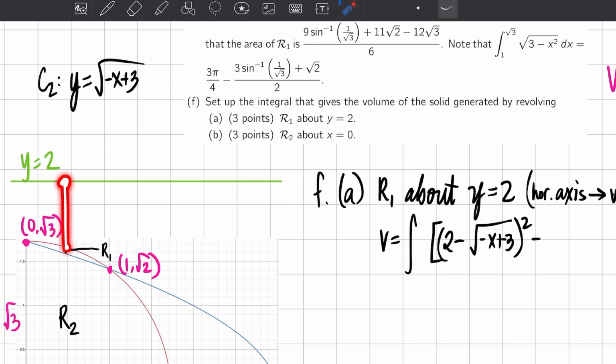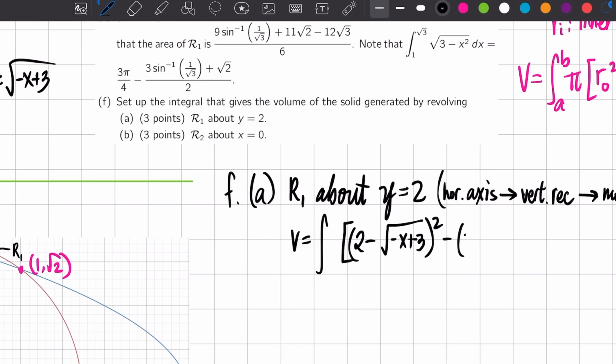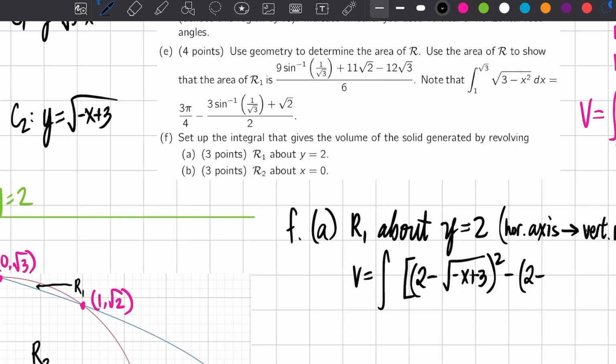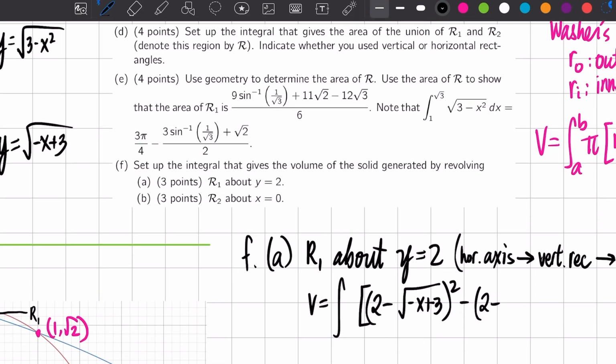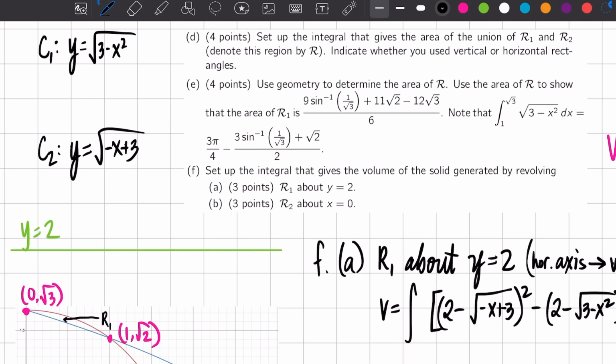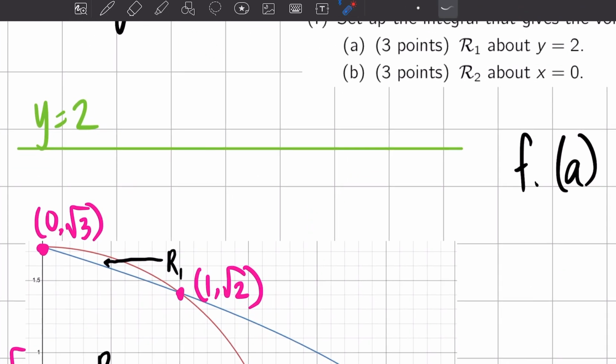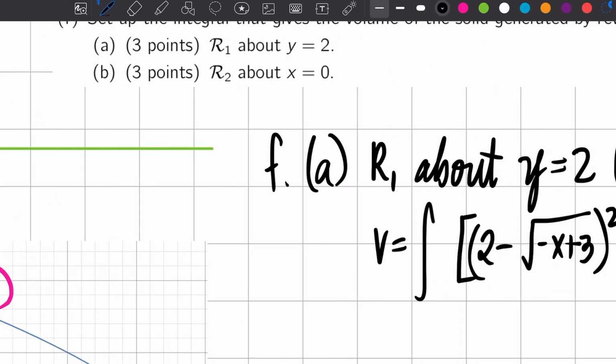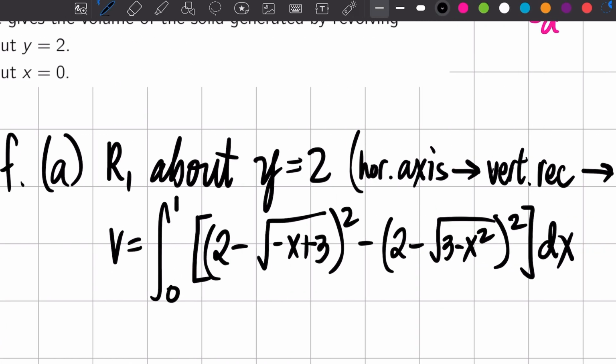So top minus bottom curve, that's 2 minus the equation of the circle, that's y equals square root of 3 minus x squared. So that's square root of 3 minus x squared raised to 2. And we are integrating with respect to x. And we are moving from this portion right here until you reach this one right here. So our bounds are from x equals 0 until we reach x equals 1. So that's from 0 to 1.